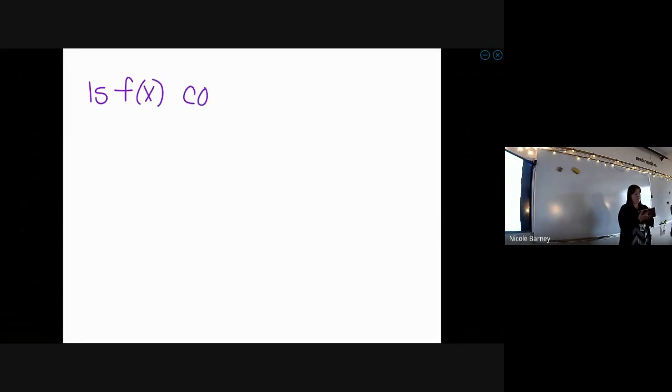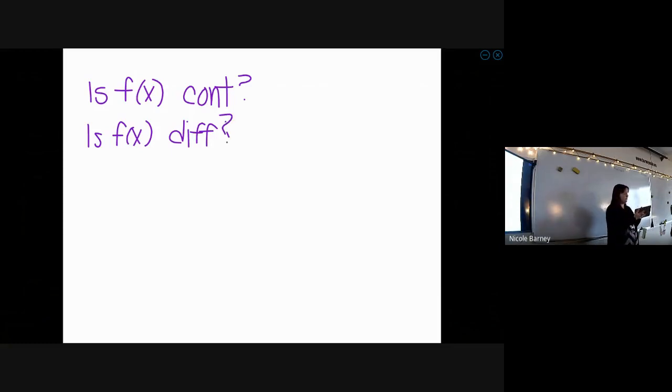Is f of x continuous? And then is f of x differentiable? So for continuous, what we do is we set the two pieces equal to each other, one piece equal to the other piece of the original function. We're looking at f of x here.